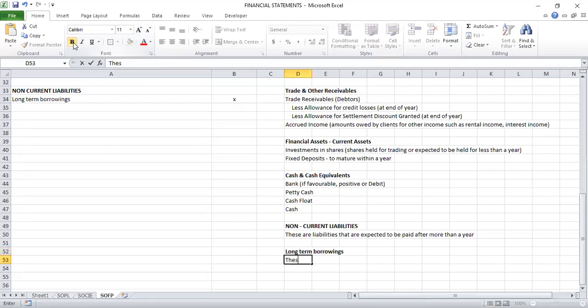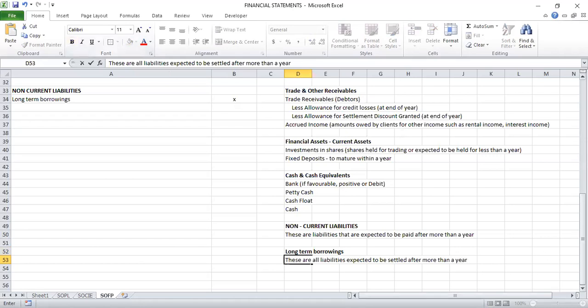Long-term borrowings are all liabilities expected to be settled after more than a year.